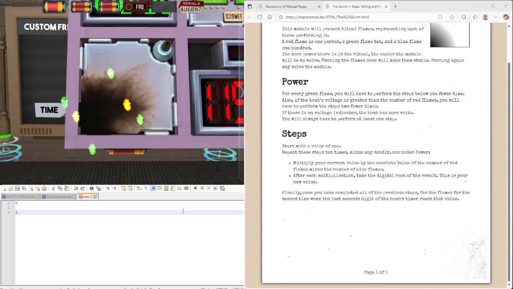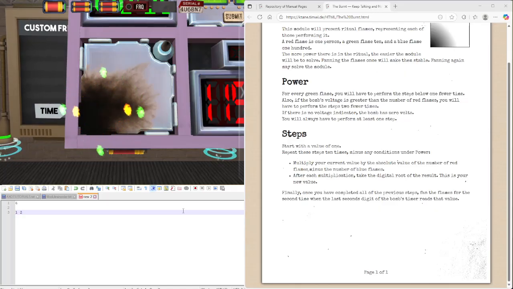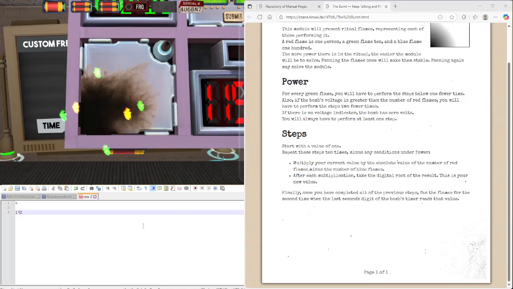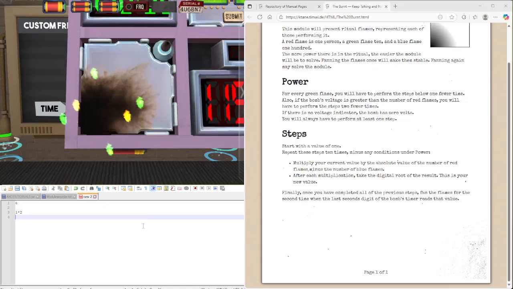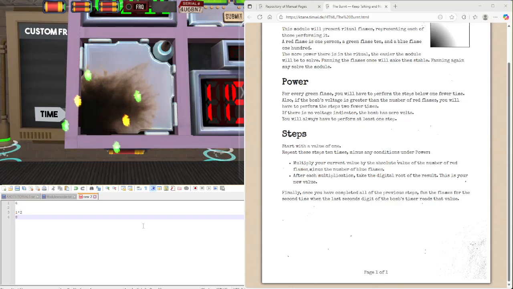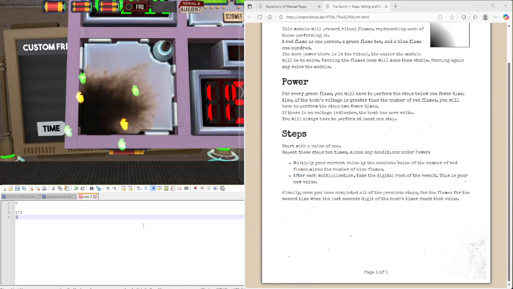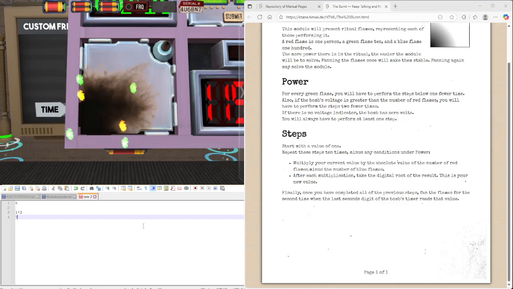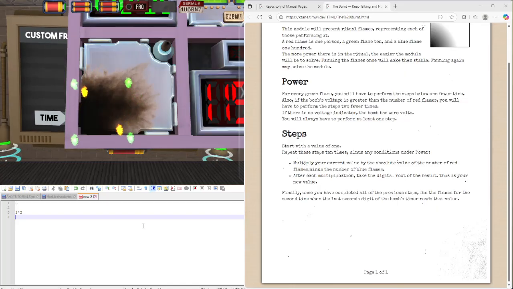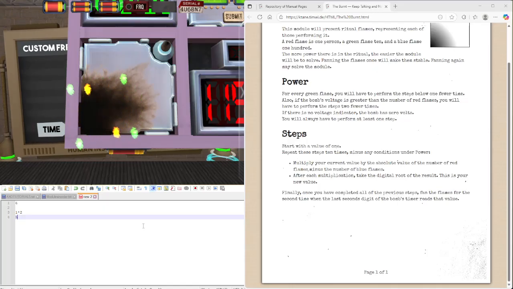Play current value, absolute value, number of red flames minus number of blue flames, so 2. So once we get 2, twice we get 4, 3 times we get 8, that's 3 times. 4 times we get 16 or 7. 5 times we get 14 or 5. And 6 times we get 10 or 1.